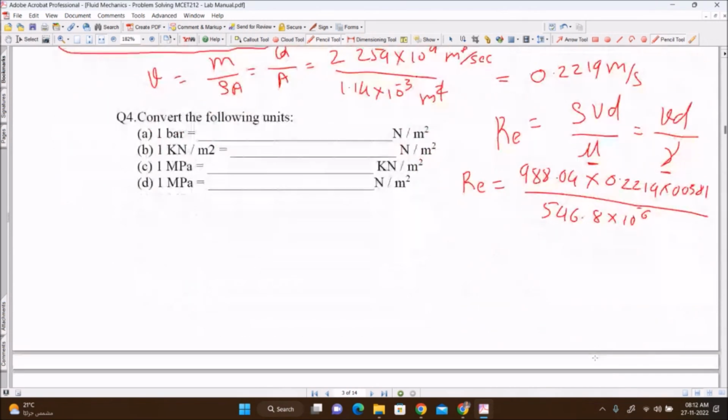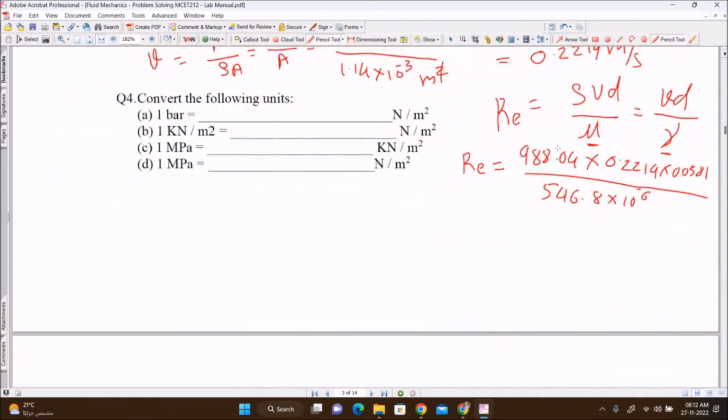The Reynolds number has no unit; if you put the units, all units get cancelled. It is 15,275.245. Yes, it has no unit.